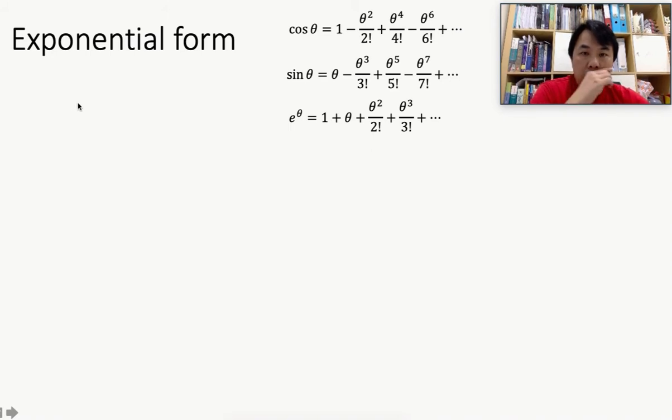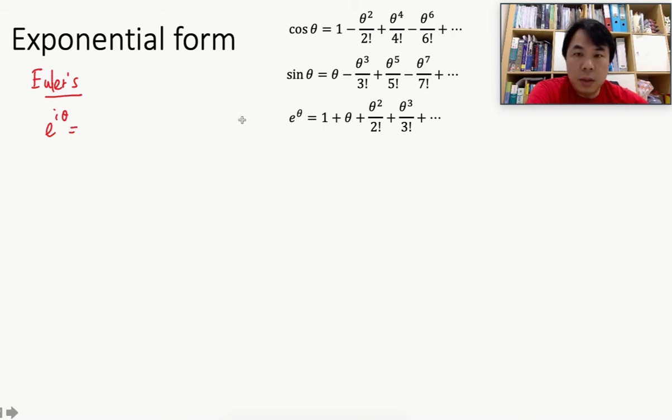Now, for any complex number in the Euler form, it can be written as e to the power of i theta.